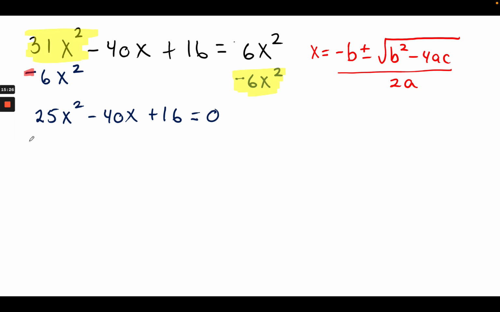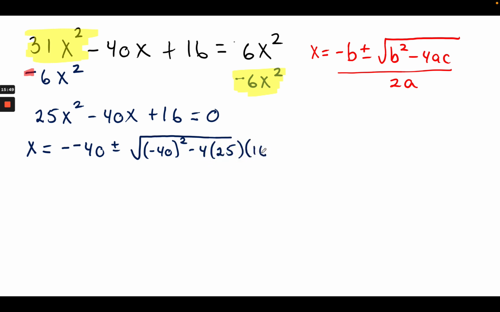Okay, so now we can go ahead and use our quadratic formula. So negative 40 plus or minus the square root of b squared, so that's negative 40 squared minus 4 times a times 16. Boy, this feels familiar, doesn't it? All over 2 times a.